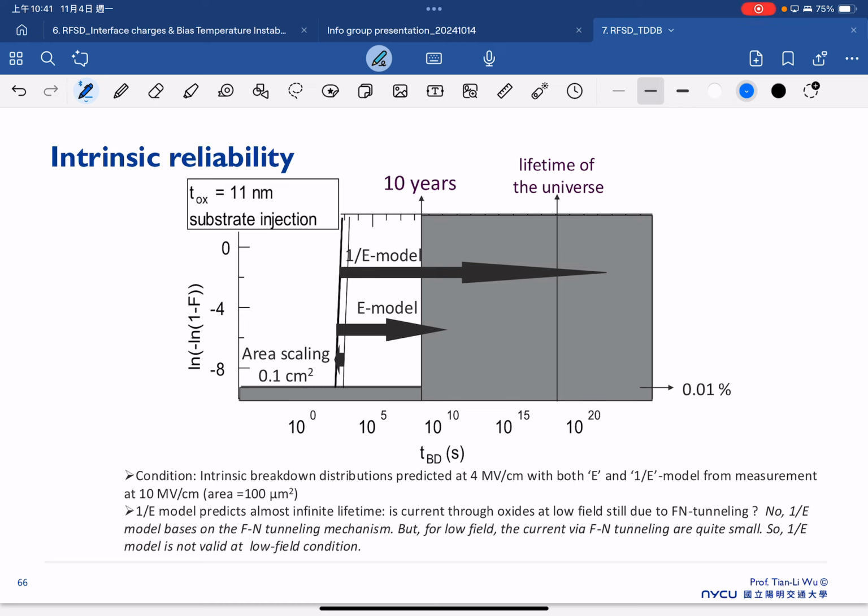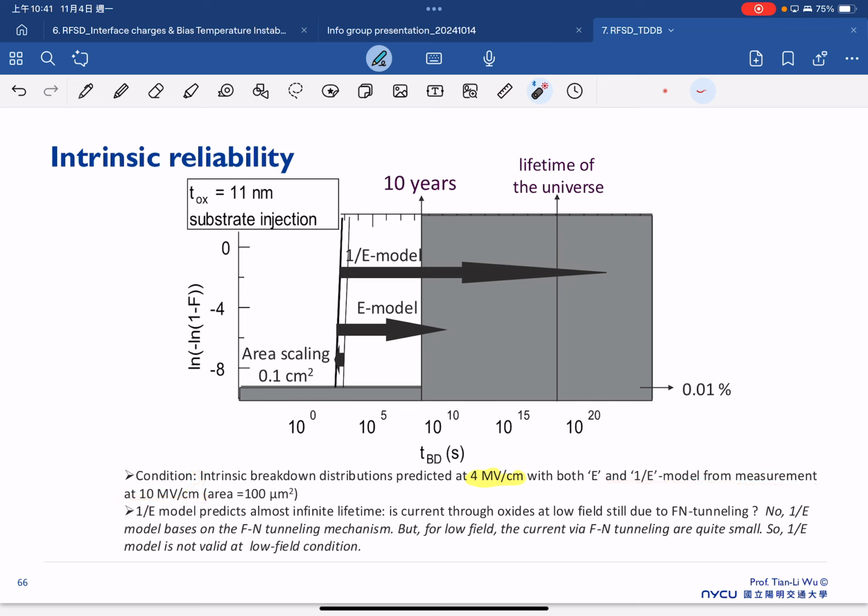So this will also be an interesting comparison. For example, if we consider this is an 11 nanometer dielectric, and we use a 1/E model and E model to do the lifetime prediction here. The condition is we consider only the intrinsic breakdown distribution predicted at 4 megavolt per centimeter, with both the E model and 1/E model from measurement at 10 megavolt, because we do the stress, the acceleration testing, so we test at 10 megavolt.